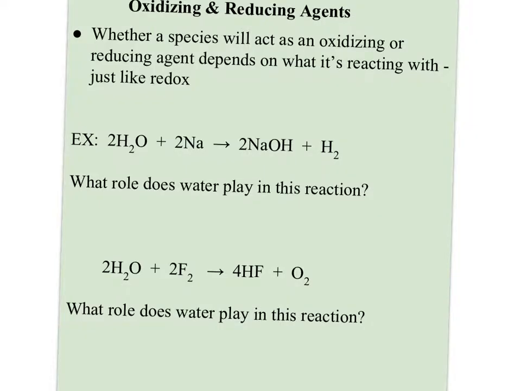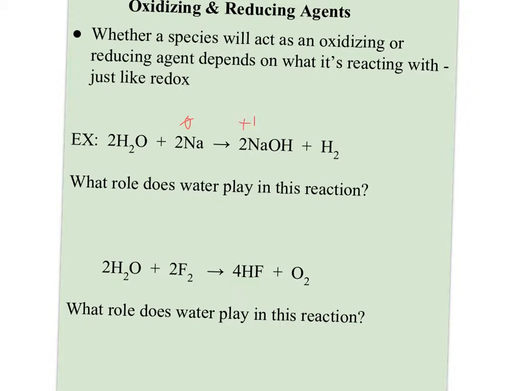Whether a species will act as an oxidizing or reducing agent depends on what it's reacting with, just like redox does. So it's all about activity. Is the thing it reacts with stronger and more reactive or less reactive? So H2O is one that commonly varies as to whether it's an oxidizing or reducing agent. If we look at this first equation, we have Na going from an oxidation state of 0 to +1.